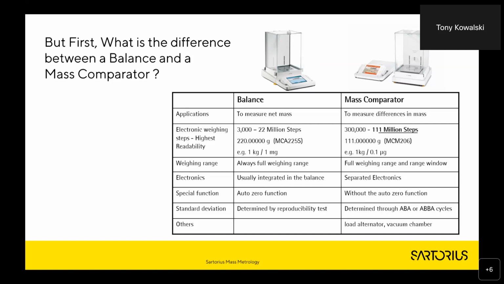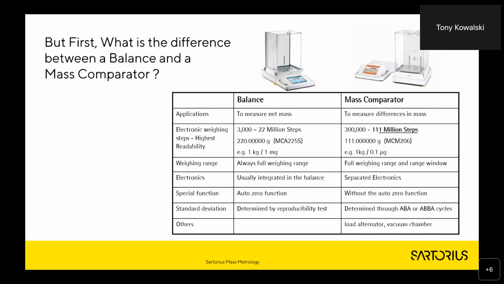And we use the comparator to measure the difference between our traceable reference weight, and that's very important, traceable reference weight, and the customer's weight that's being calibrated. So all we're using the comparator for is to very precisely give us the difference between a traceable reference and the weight that we're looking to calibrate.